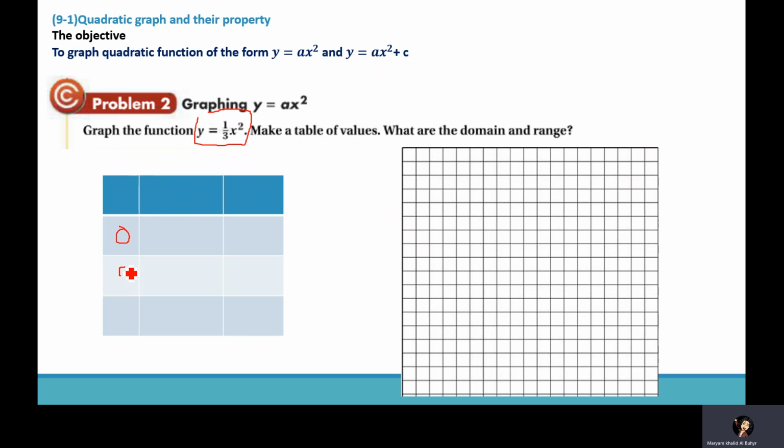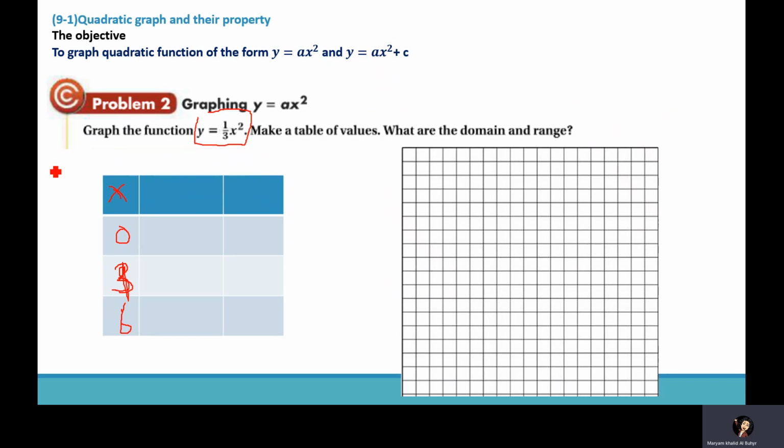I'm going to use 3, and I will use 1 and I will use 3. Or let me use 3 and 6. Why am I using these for x? Because I can use this fraction and remove it, which will be easier for me in the calculation.